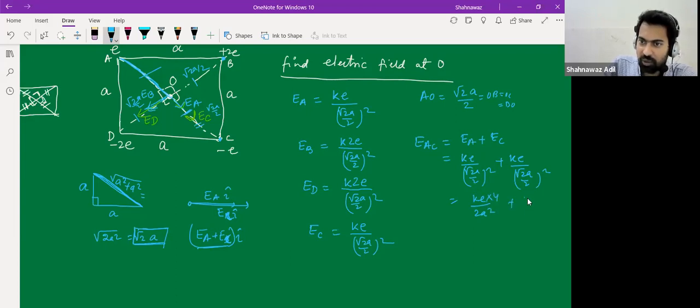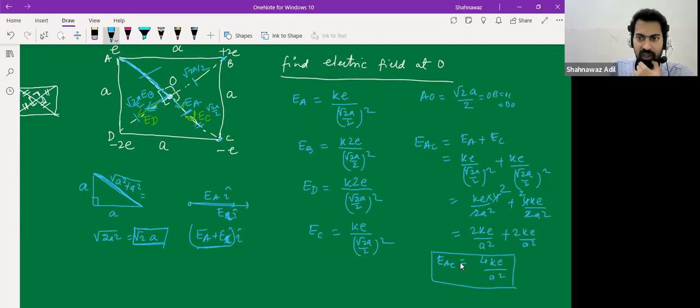And again, 4KE by 2A square. So this cancels, this cancels, and we have 2KE by A square plus 2KE by A square. So this would be 4KE by A square. Right.